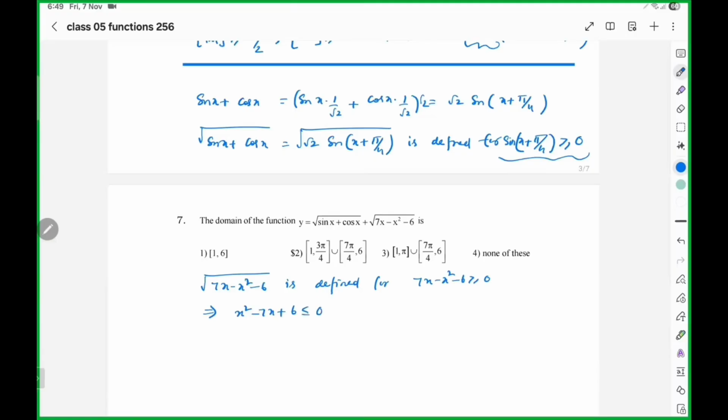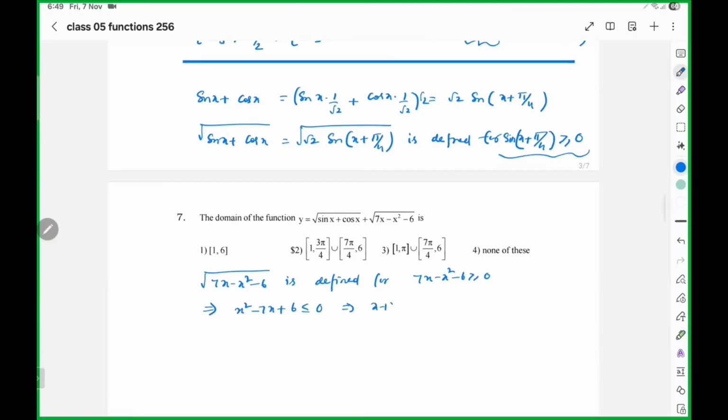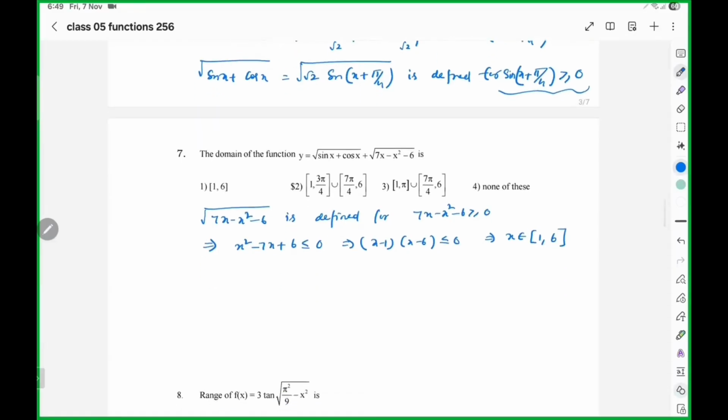That is x square minus 7x plus 6 less than or equal to 0, we get (x minus 1)(x minus 6). From here we can say 1 to 6. Now there are two functions, we have to take the intersection part.